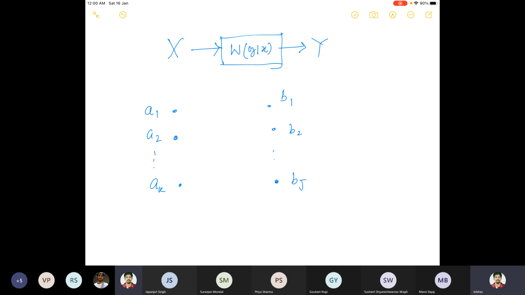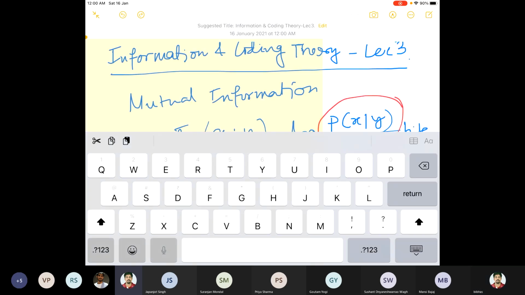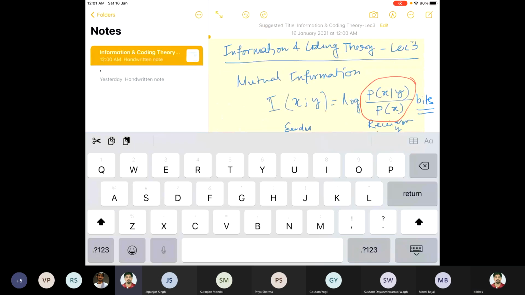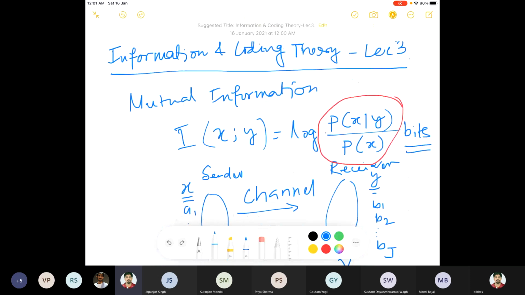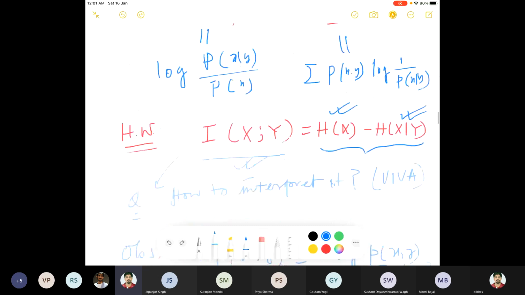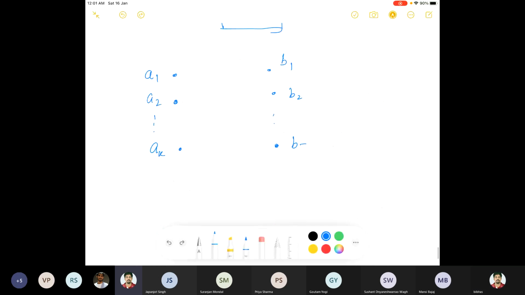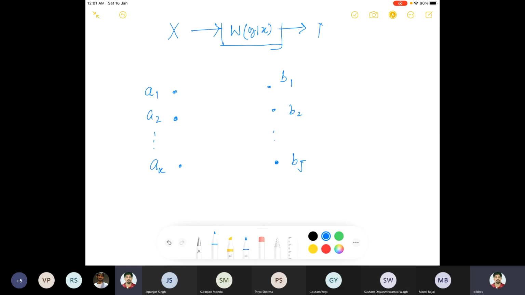Now when A1 is being transmitted, once A1 is transmitted, either you will receive B1 or B2 or B3 or BJ, one of these.